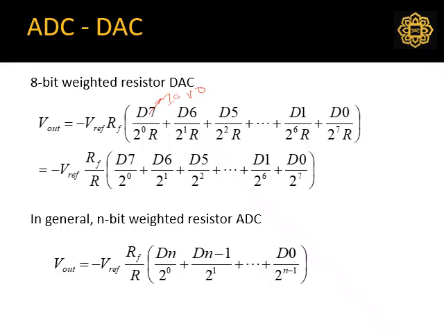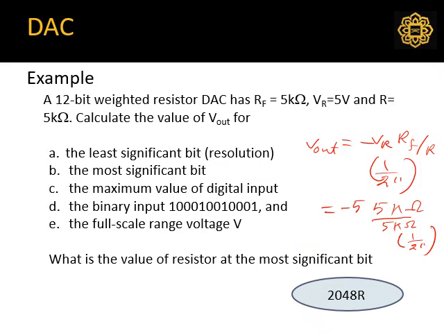And if we do a simple example, which we can ask you in the exam as well: a 12-bit weighted resistor DAC has an RF. Previously I showed RF is 5 kilo ohm, and R is also 5 kilo ohm, so RF and R are the same. The reference voltage is 5. What should be the value of Vout if the least significant bit is on, which is basically the resolution? If the most significant bit is on?